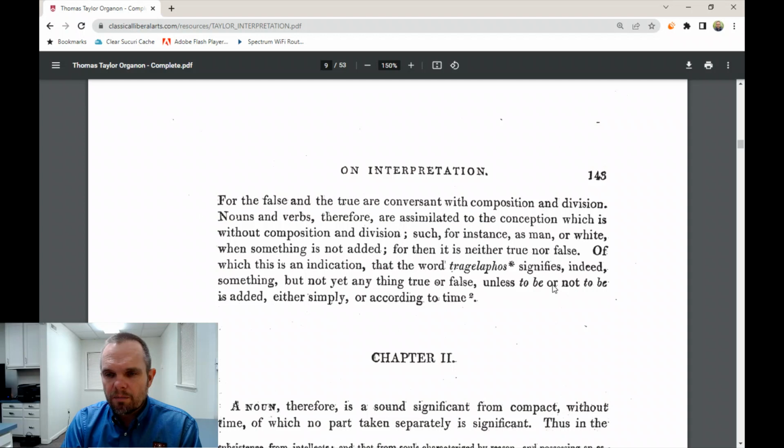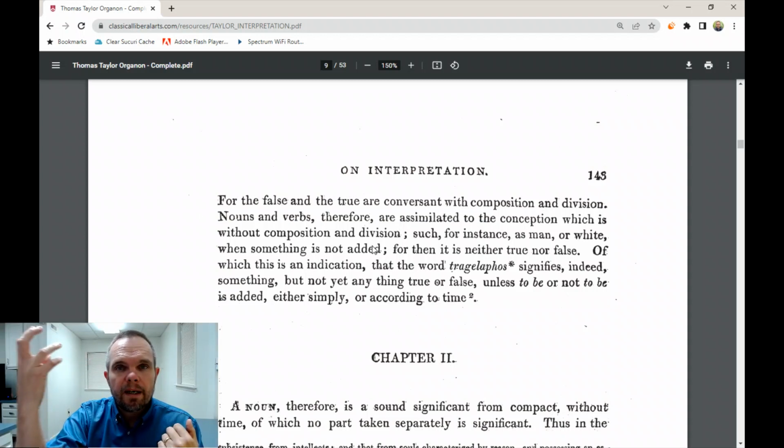Okay, so for the false and the true are conversant with composition and division. Nouns and verbs, therefore, are assimilated to the conception which is without composition and division. So a noun is a name. It names an idea. It names the conception which is without composition or division, just the idea by itself, without being joined or divided from any other idea.